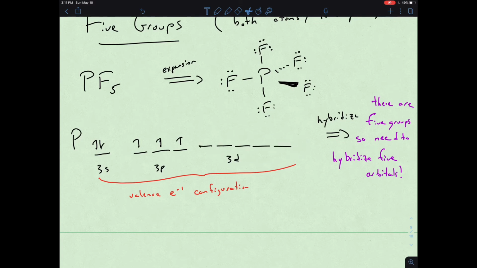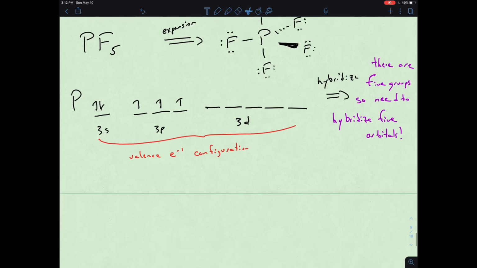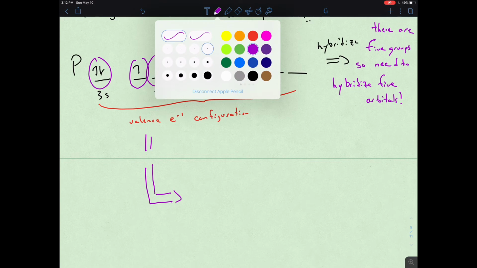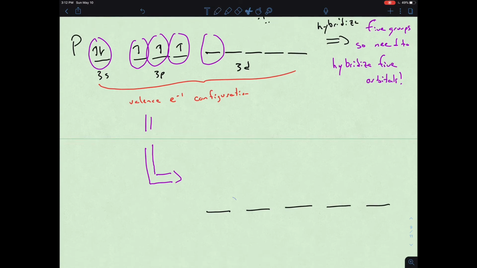So we're still doing the same motif, except now we have more to actually play with. So that means we could do 1, 2, 3, 4, and now 5 orbitals. And so what we have now is 1, 2, 3, 4, 5 orbitals here.